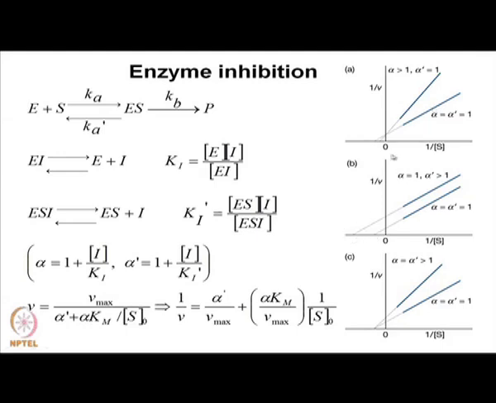Here also they cut at different points. Here we see that the intercepts are different, but they cut at the same 1 by S axis point. How this comes about we will discuss later on. So these three situations may be considered.